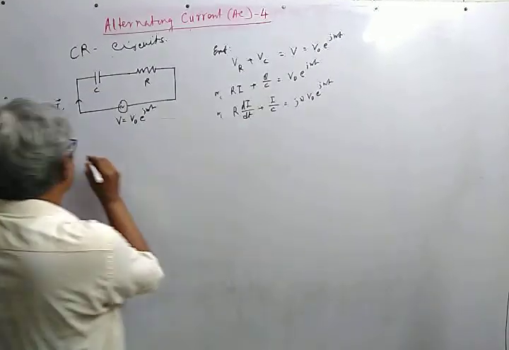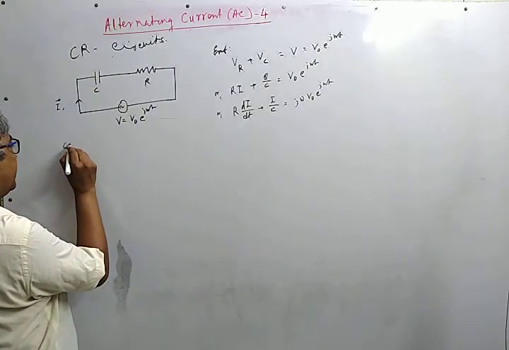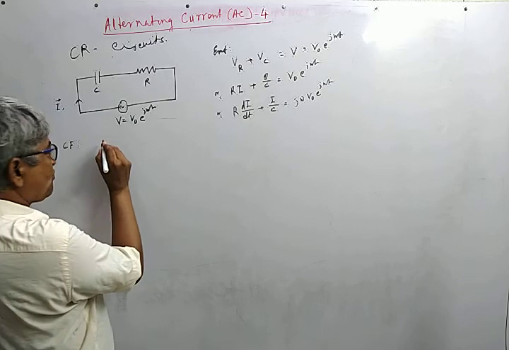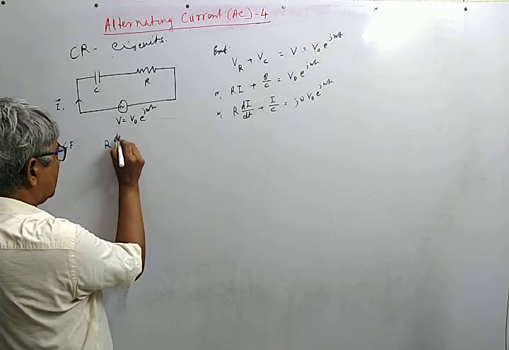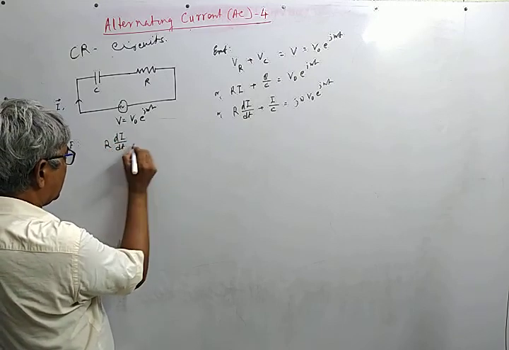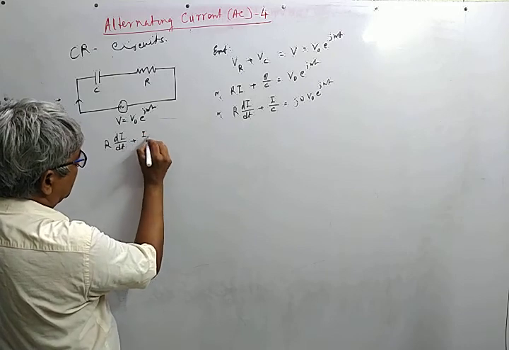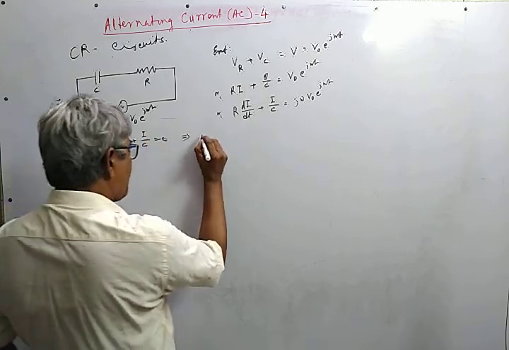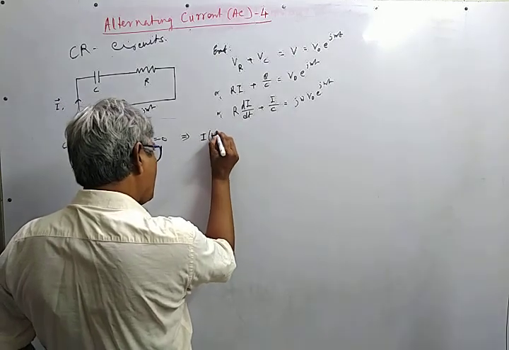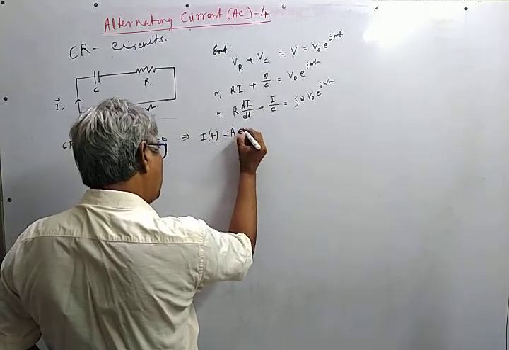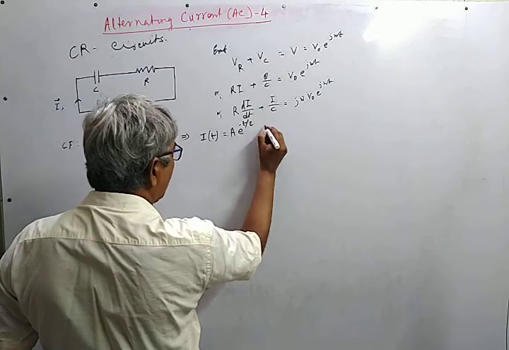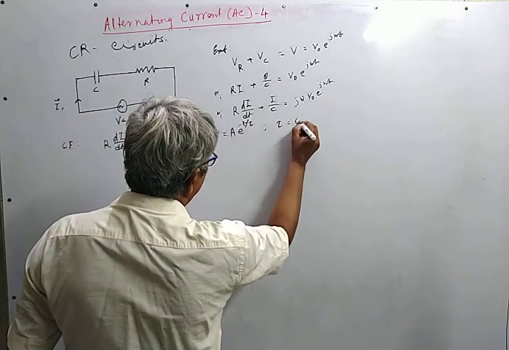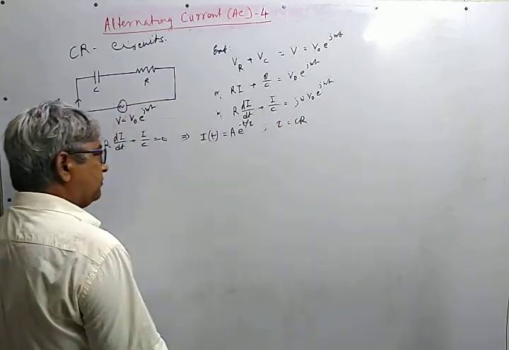The solution consists of the complementary function, which is some constant A e to the power minus t by tau, where tau is equal to CR, the time constant.